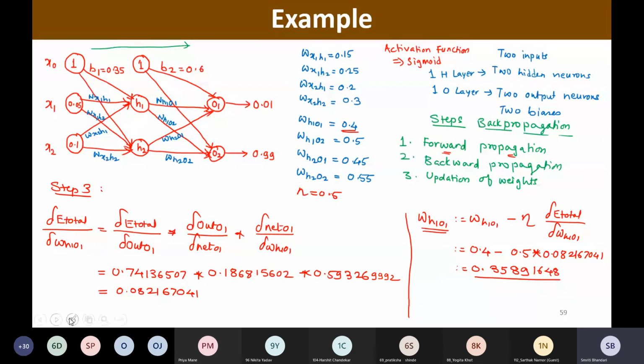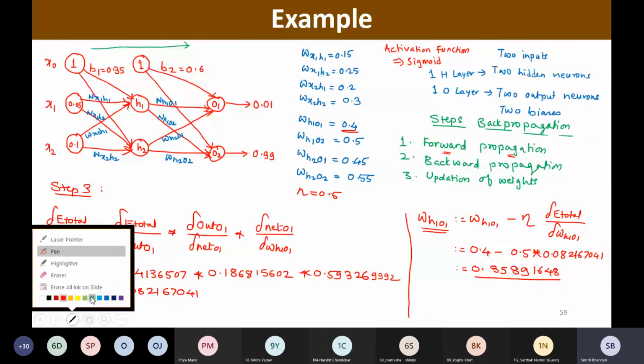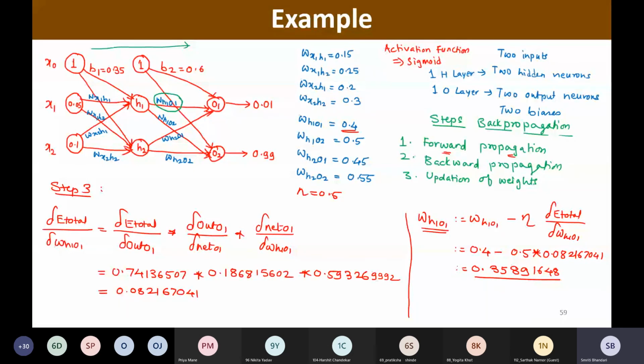So see here, after application of back propagation, we have updated this weight. The similar procedure applies for every weight. The similar procedure needs to be followed for WH1O2, WH2O1, WH2O2 and so on, and that too many number of times iteratively till we reach the minimum error.